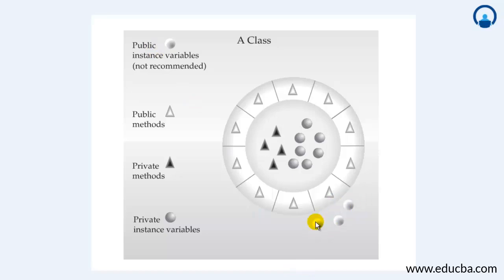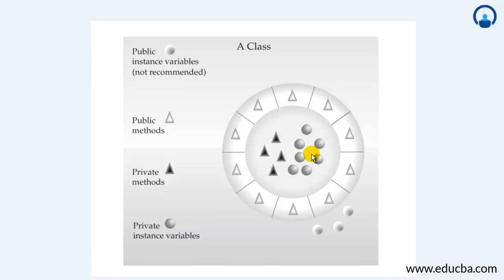Next come your public methods, which are on the outer circle in the form of triangles. Then you have private methods and private instance variables, which are inside your public methods in the form of filled triangles and filled circles. So this is an example of encapsulation where public methods can be used to protect your private data in the form of methods and instance variables.